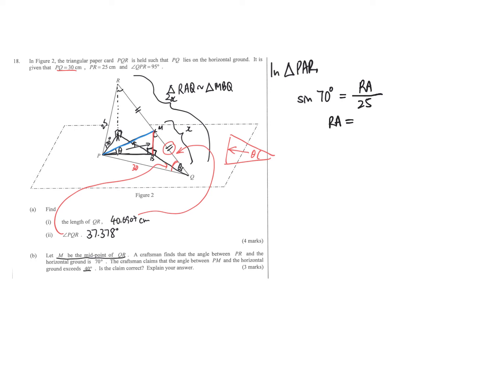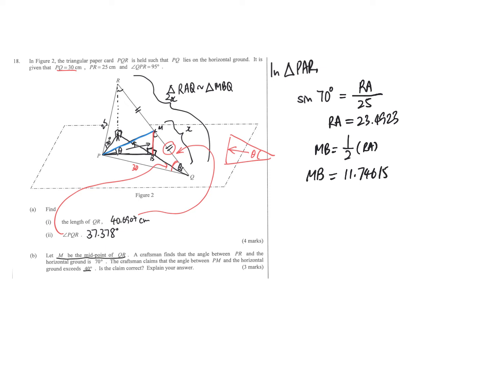RA is 25 sine 70, which is 23.4923. Remember, do not round down the figures when you're doing these calculations because that's not the final answer. Since we know that MB is going to be half of that length, we just do half of RA, dividing it by 2, and I get 11.74615. So that is for the MB.